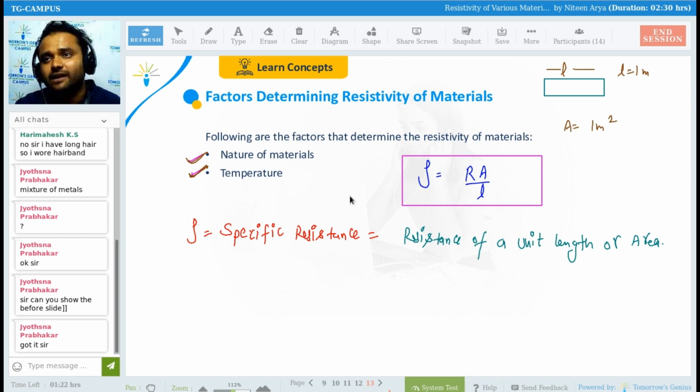For example, aluminium has a different resistivity, and copper has a different one. Even among conductors, aluminium has something else, iron has something else, chromium and nickel have something else. That is material dependent, the nature of the material, not area or length. Clear for everyone? Okay, good.